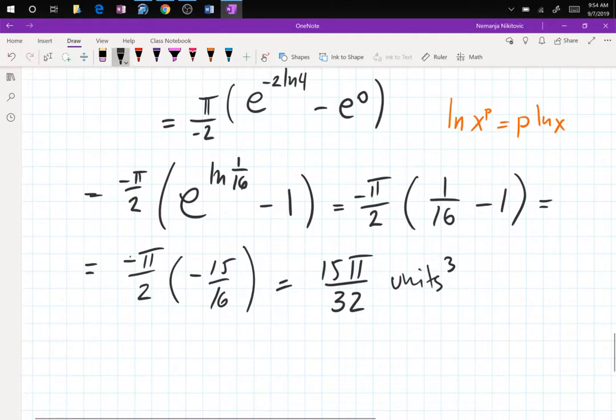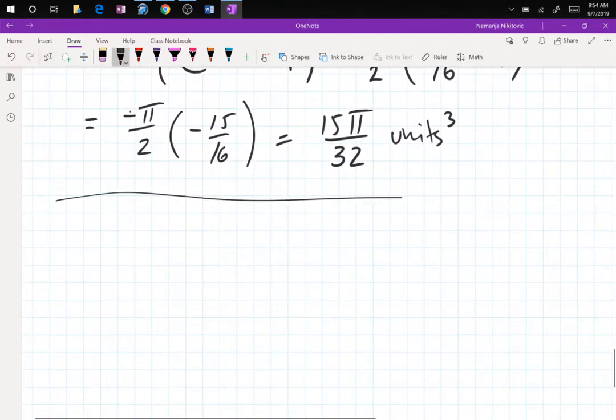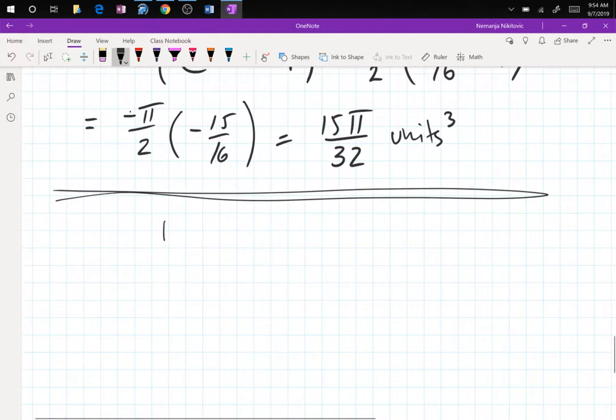And that formula allows us to create objects that will have a hole, which means that you can create objects that, right, they're solid, but then you can use them as storage, like a cereal bowl or something like that. So now the second part of this is the washer method.